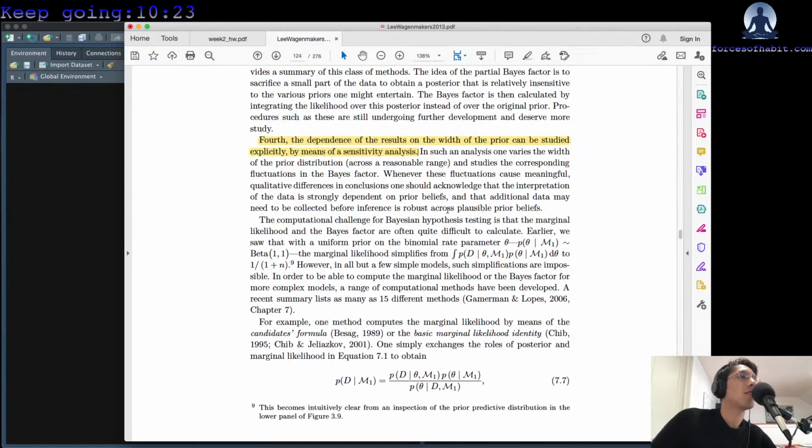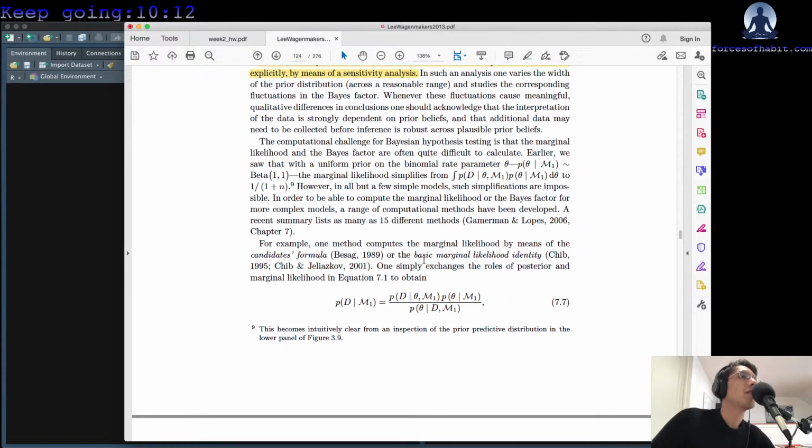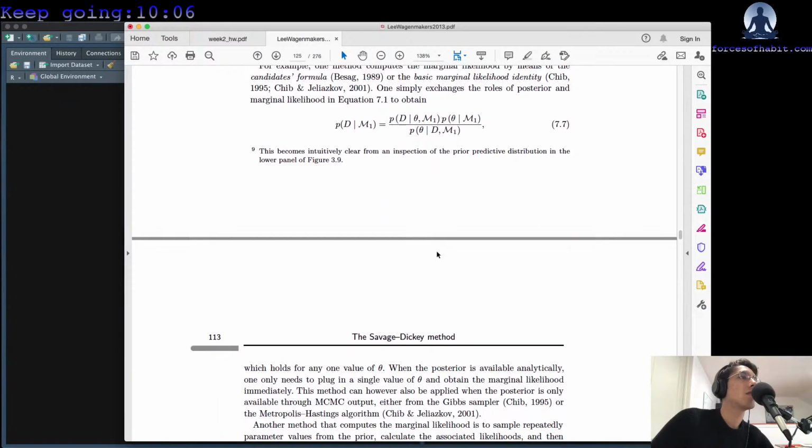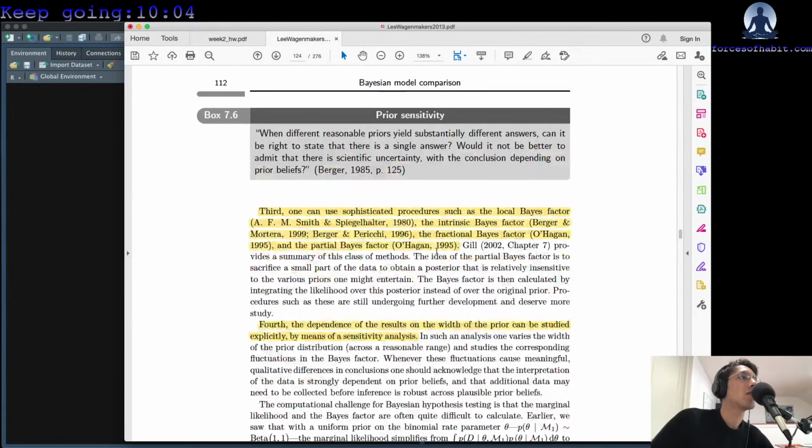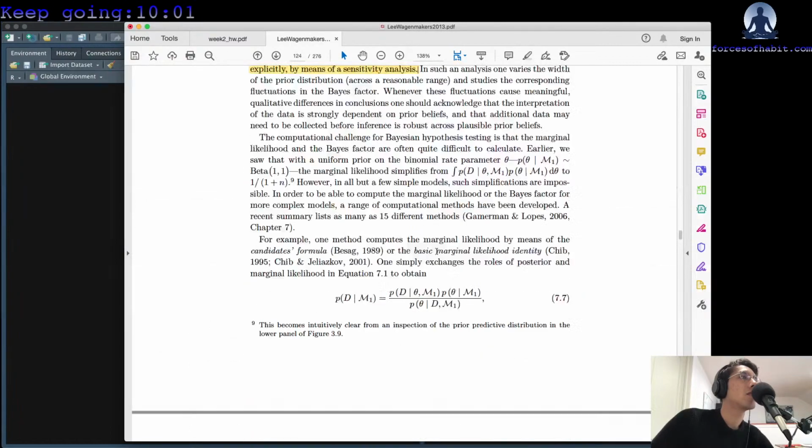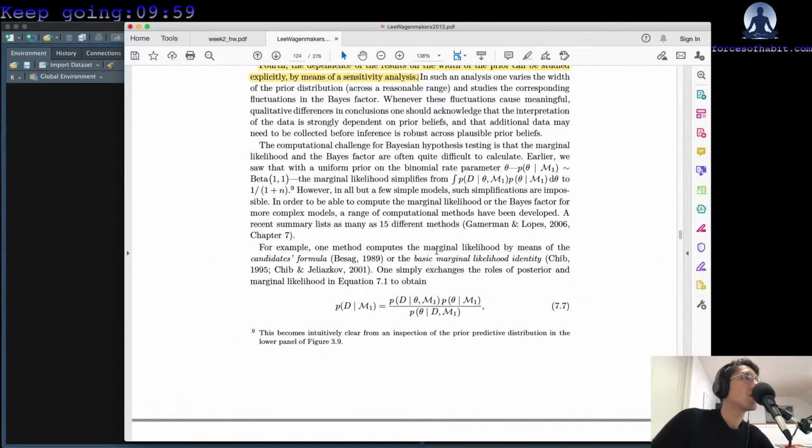The computational challenge is that the marginal is hard to calculate. We talked about this. Challenging to calculate. One example computes the... so that was the conceptual challenge, and here's the computational challenge.